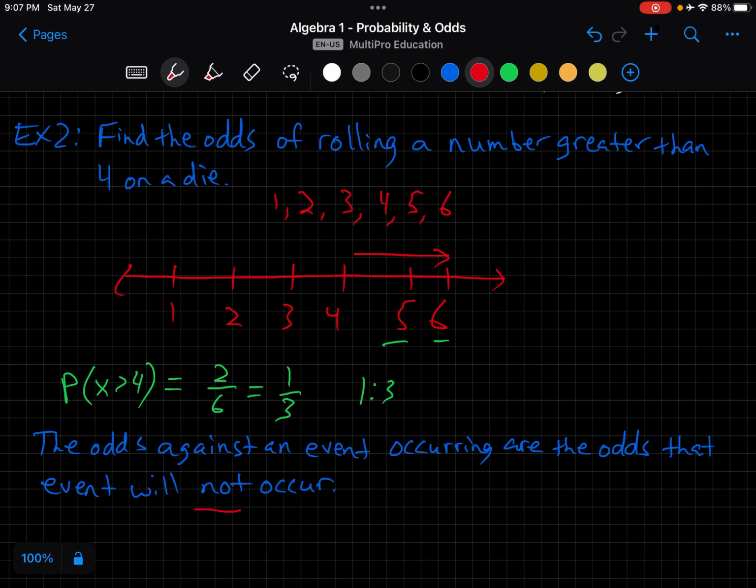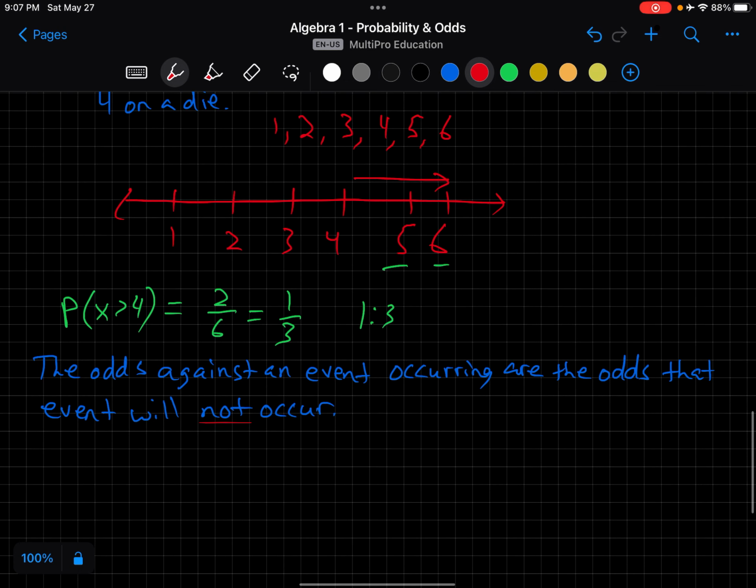Okay, so when we're looking for the odds against an event occurring, that's the odds that the event will not occur.